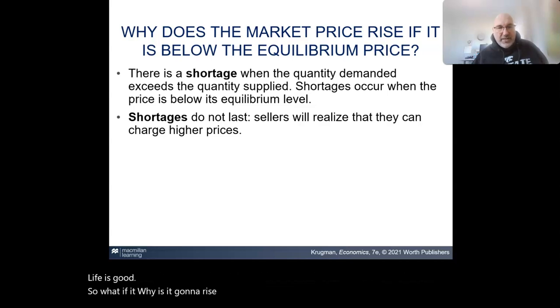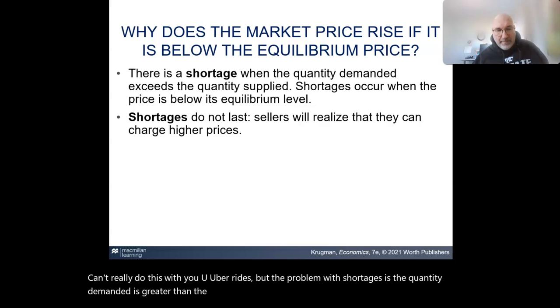So why is the price going to rise? If it's below equilibrium, that's because there's now a shortage. You can't really do this with Uber rides, but the problem with shortages is the quantity demanded is greater than the quantity supplied.